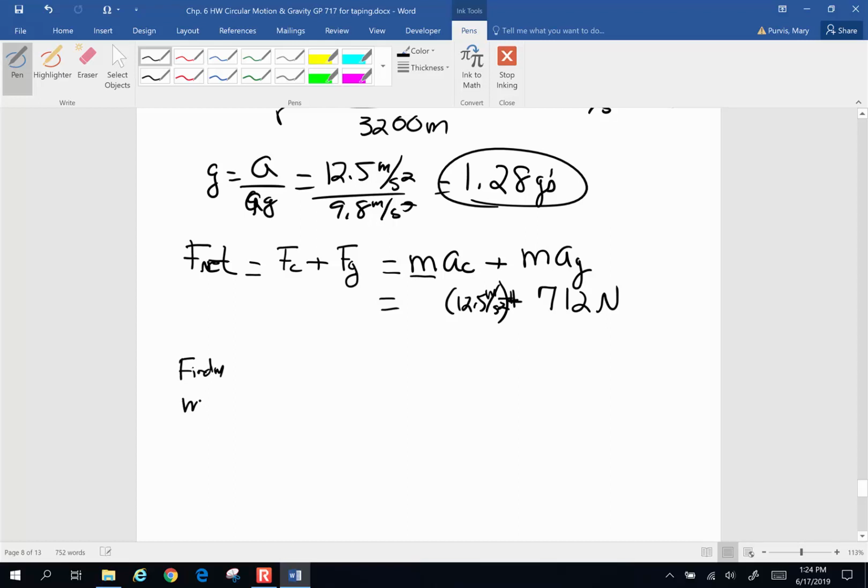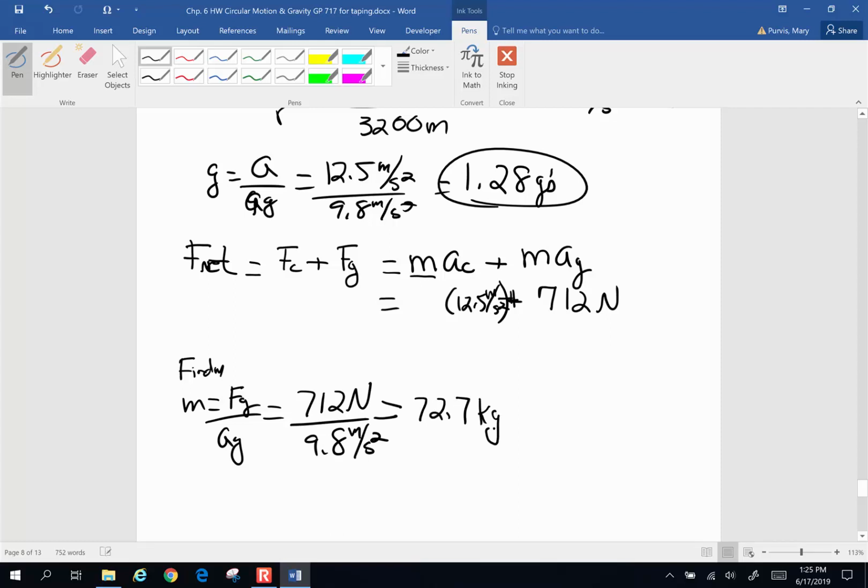Mass is going to be equal to her weight divided by the acceleration of gravity, which is 712 newtons divided by 9.8 meters per second squared. Her mass is going to be 72.7 kilograms. I'm going to plop that back up here, 72.7 kilograms.